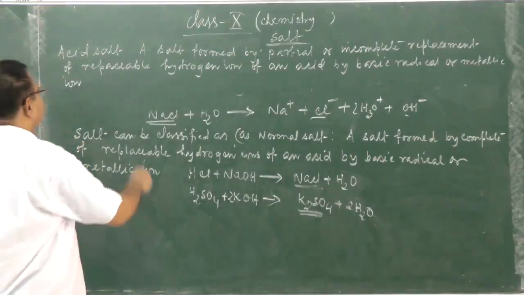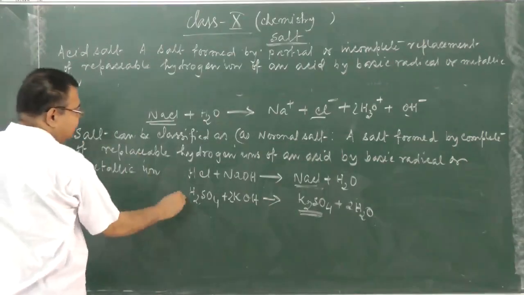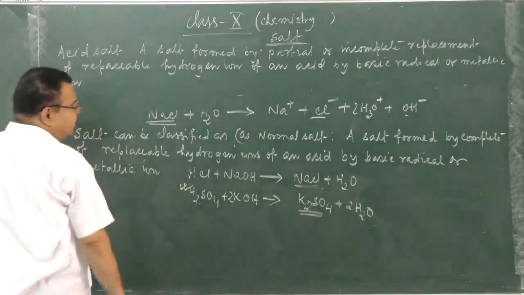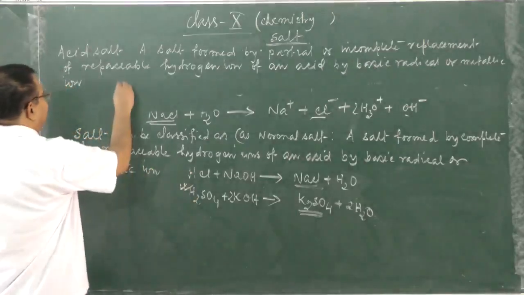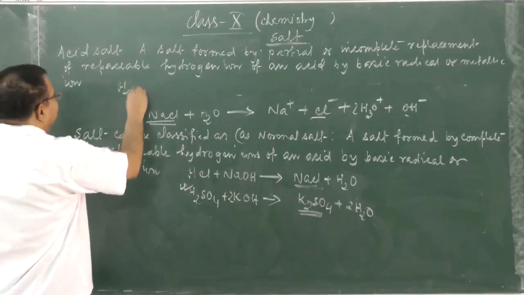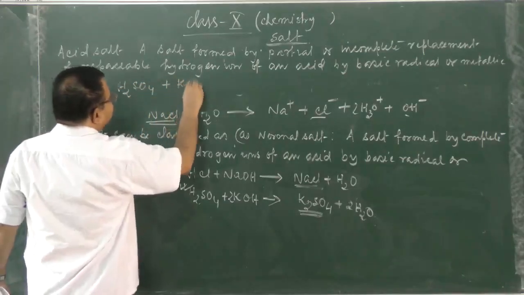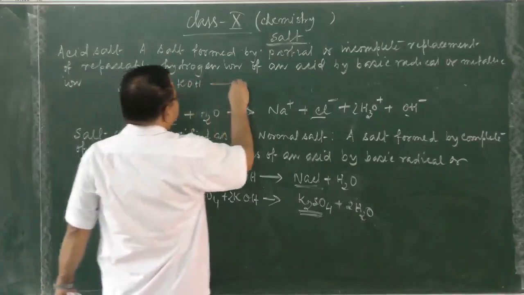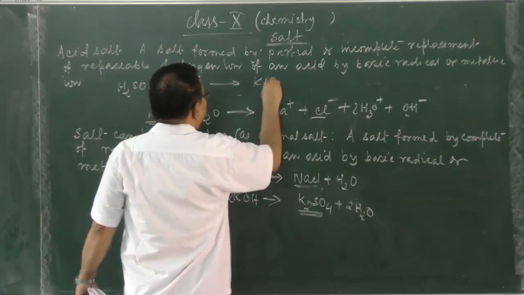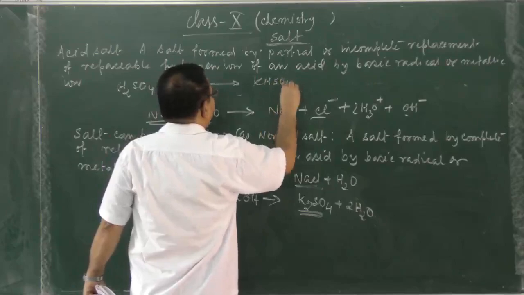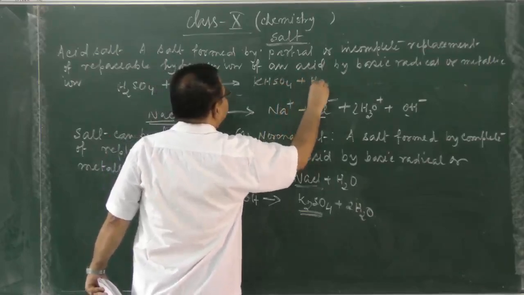In which way? Compare with the previous normal salt example. Here also you see H2SO4 plus KOH. What is that? KHSO4 plus H2O.